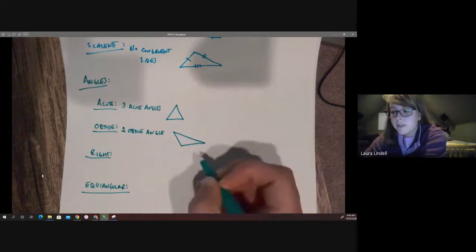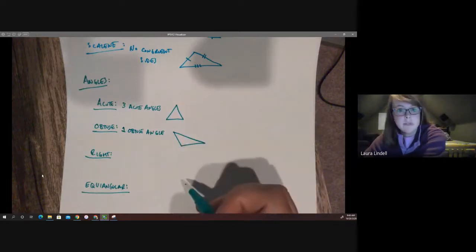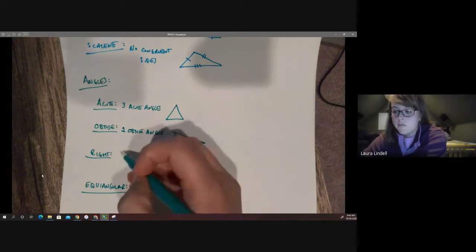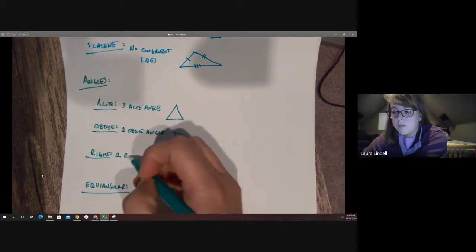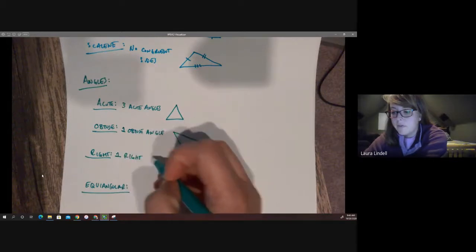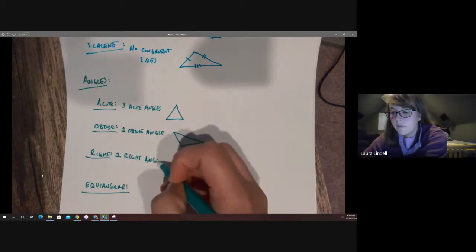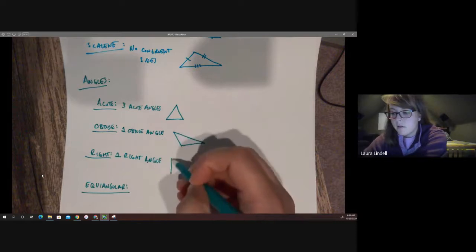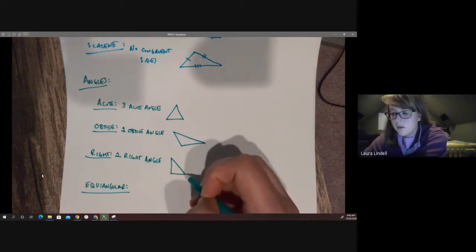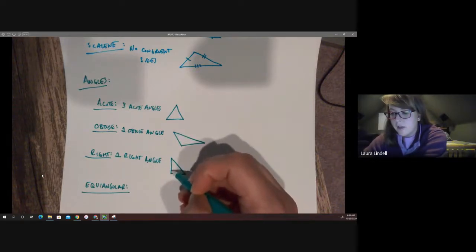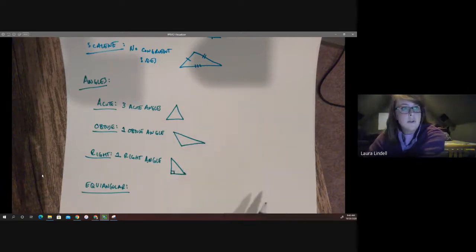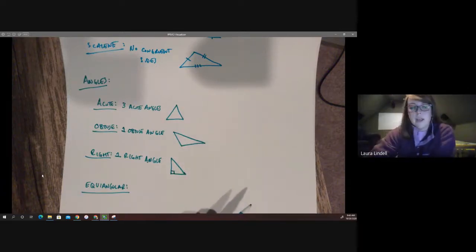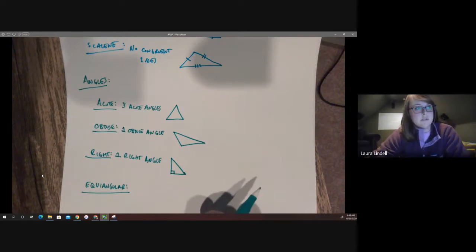So we might have something like that where one of the angles appears to be greater than 90 degrees. A right triangle means we have one right angle. And typically this angle will be called out with that right angle corner in the picture.